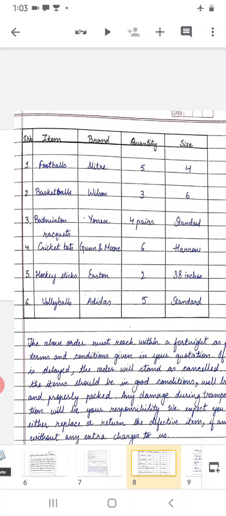Here we have also included size. It could be anything else that comes to your mind. So footballs, brand is this, quantity 5, it should be number actually, and size 4. Likewise you write different items and their details that you would like to be ordered.